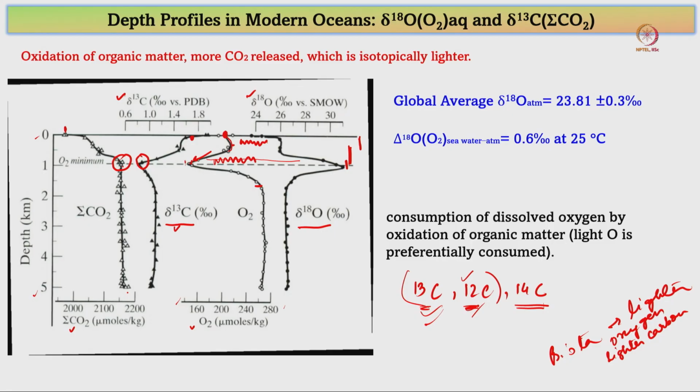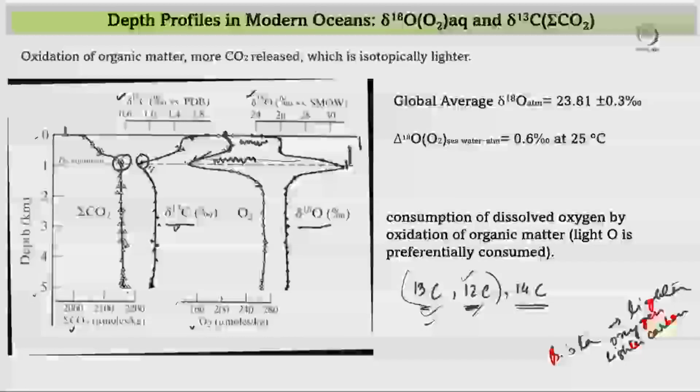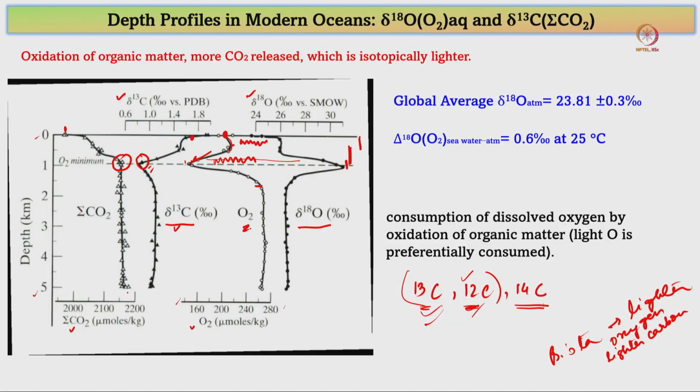So, my delta 13C value goes on decreasing, and after this level it again increases and remains stable. Below this layer, the summation of the carbon dioxide also remains stable, the oxygen concentration also remains fairly stable, and the delta 18O and the delta 13C also remain stable.